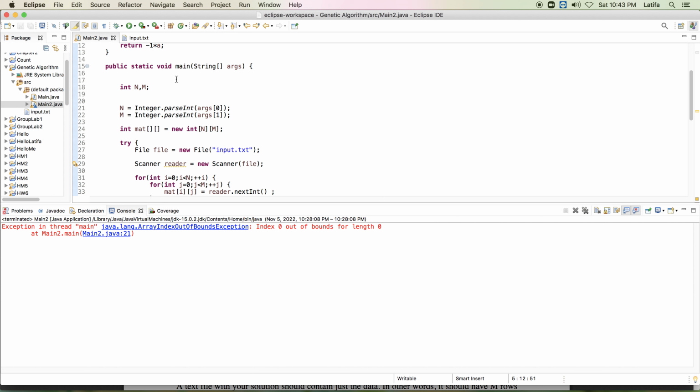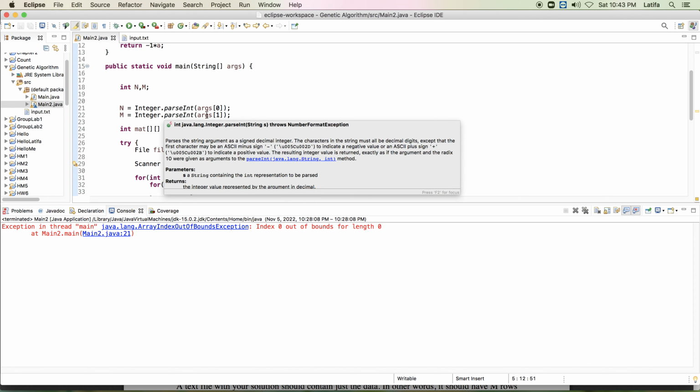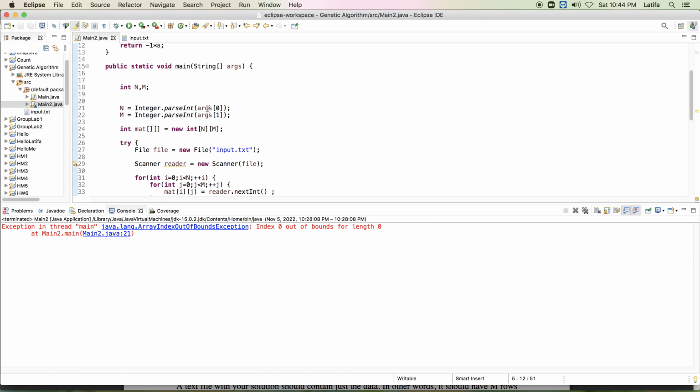Inside my main method, I have declared two integers, n and m, that represent the number of rows and the number of columns of our matrix. Here I have initialized n to be Integer.parseInt, which converts a string to a number.